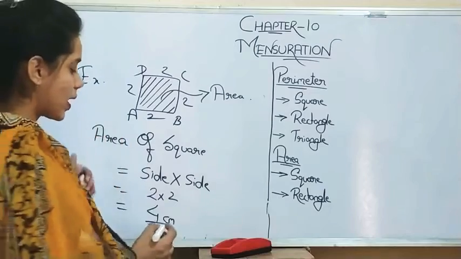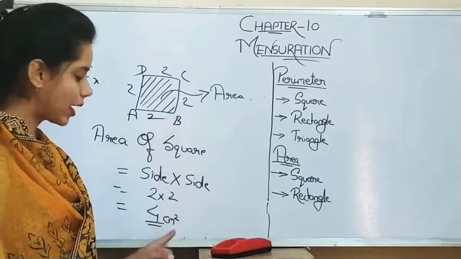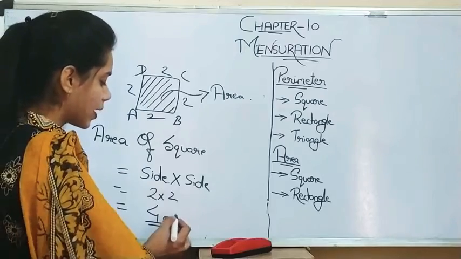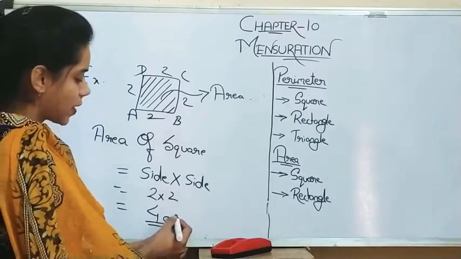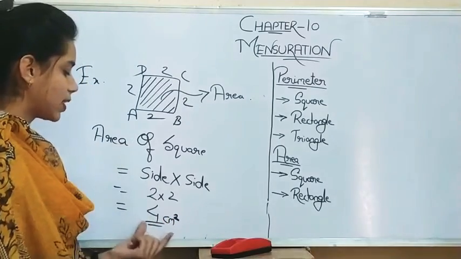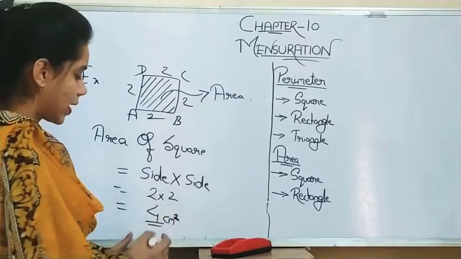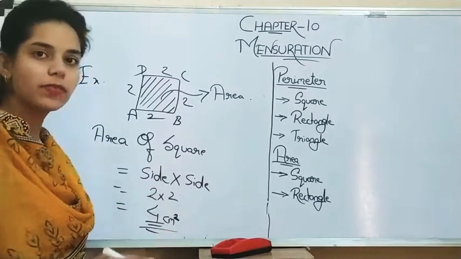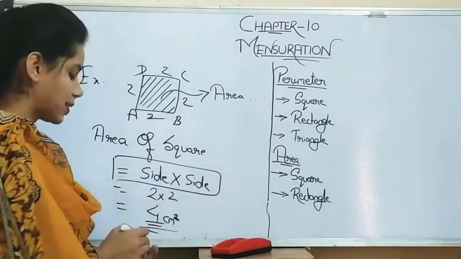See, it is a square, so we will place the unit as square, meaning we put 2 above it, over it. So the unit of area will be centimeter square or meter square, kilometer square. So in this way, this will be the area of square. The formula is side multiplied by side.